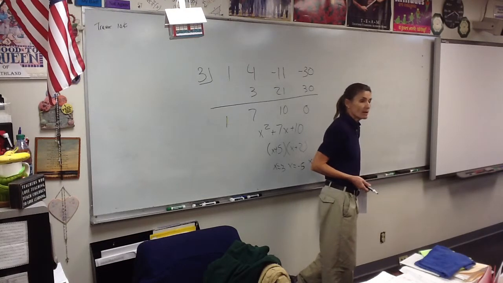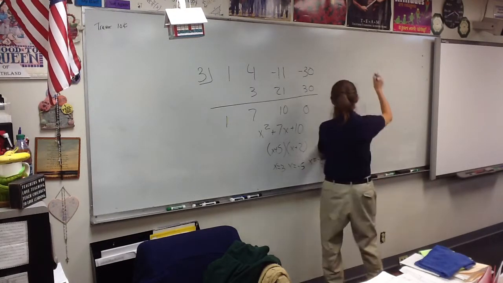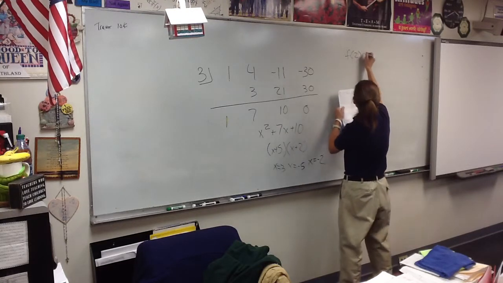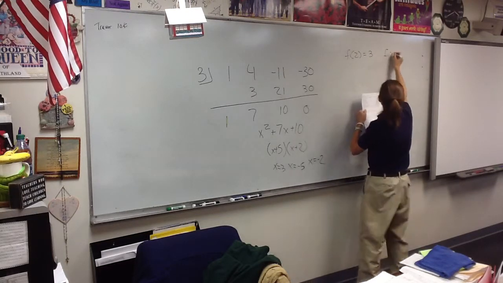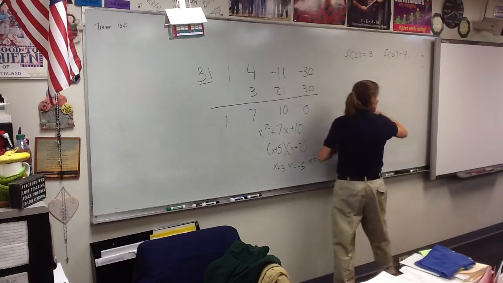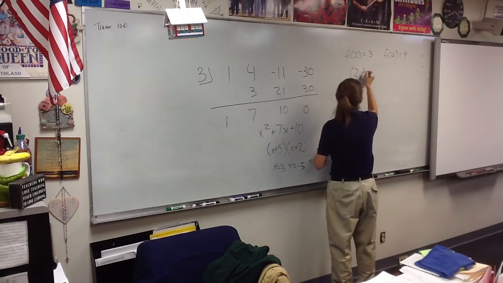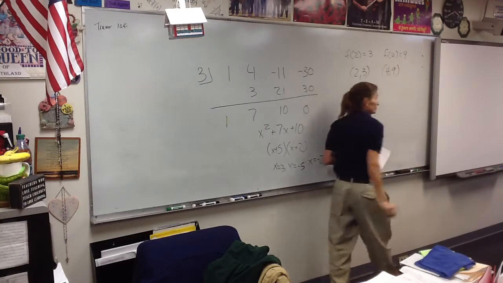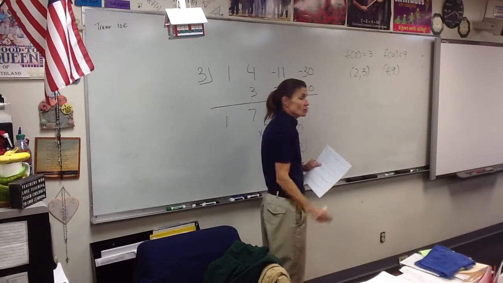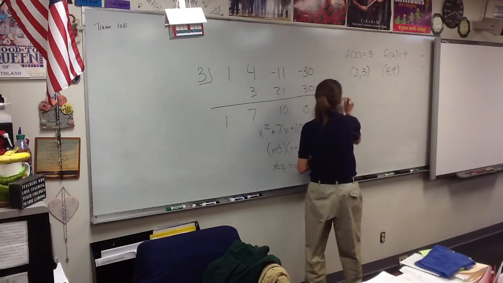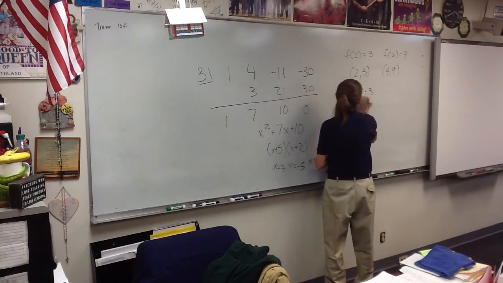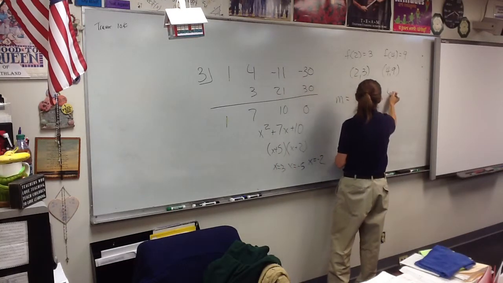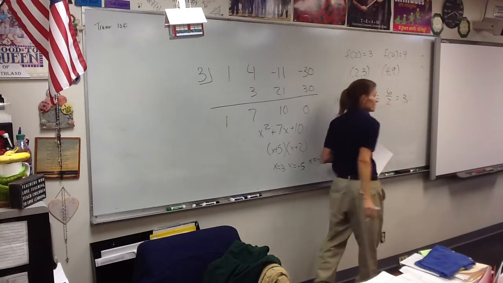So she says, don't you find your slope? Yes. First, you have to recognize that f of 2 equals 3 and f of 4 equals 9 means what? 2 comma 3 and 4 comma 9? Yeah. So then you can find your slope, which I got 3.